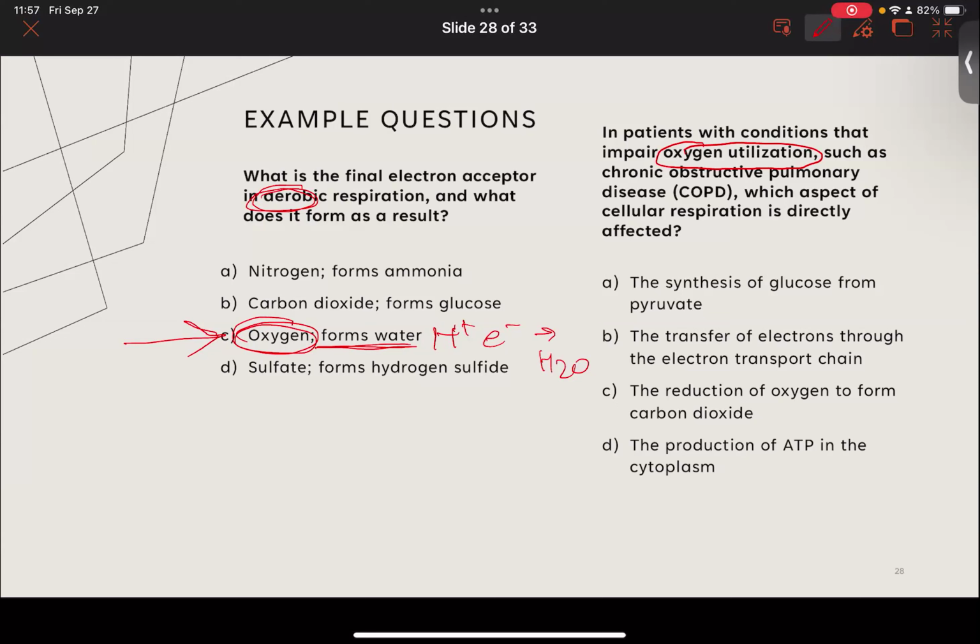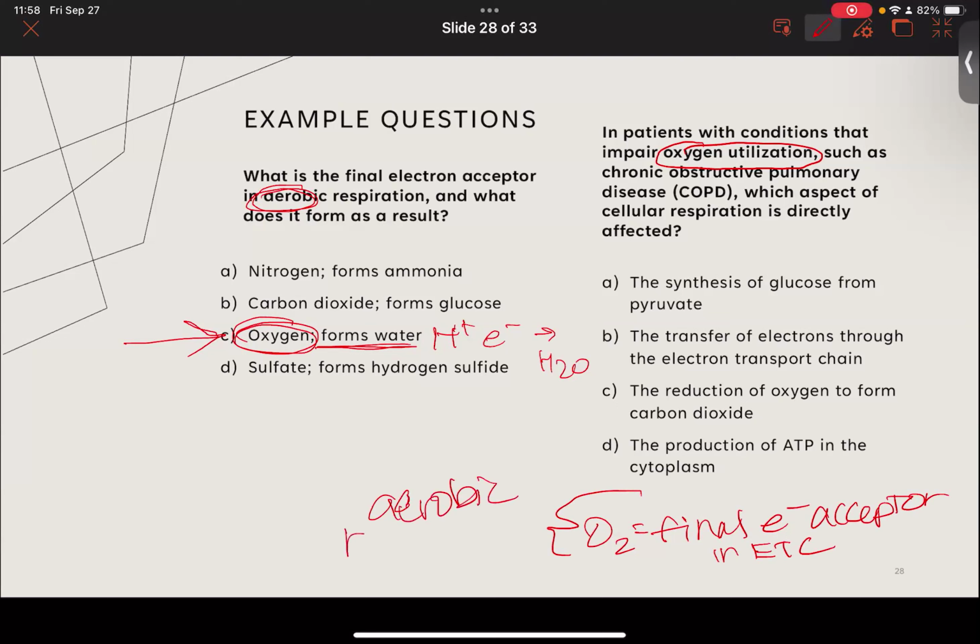Like I just did in my villain monologue over there, I told you the only thing you're using oxygen for in your entire body ever is as your final electron acceptor in the electron transport chain, but you could even look at it overall, big picture, in aerobic respiration.